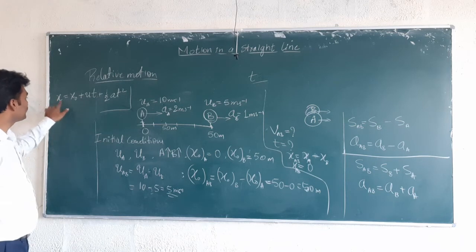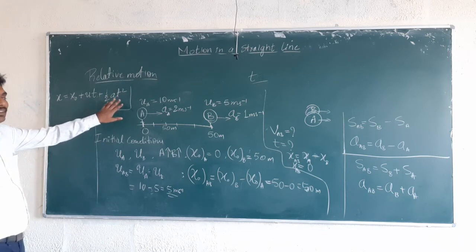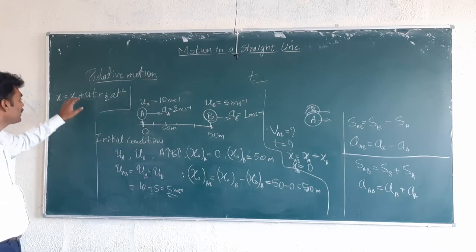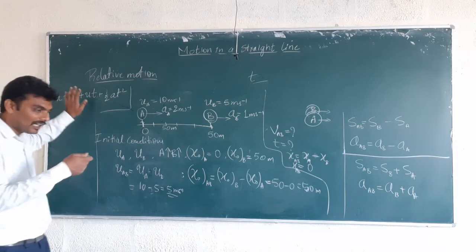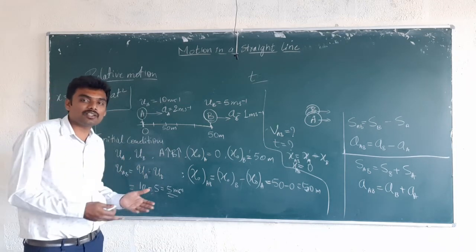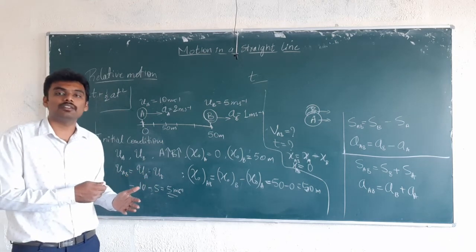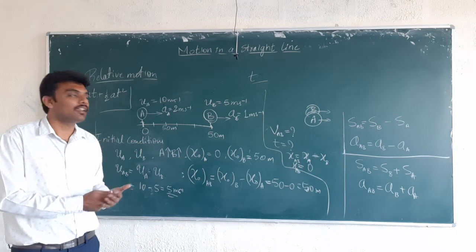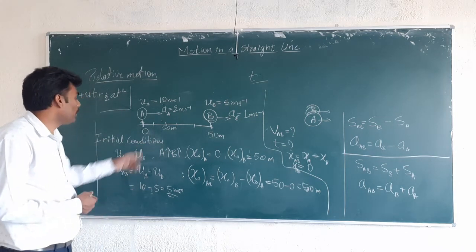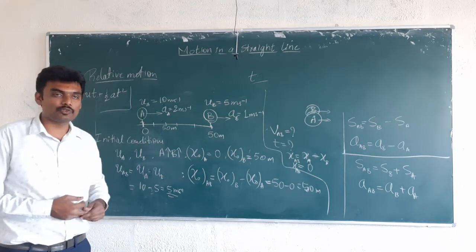See, this is simply S is equal to ut plus half at square. When you have a single body moving, x naught is 0 because it starts from the origin. We imagine the coordinate system in such a way that the beginning position of the body itself is the origin of the coordinate system chosen.